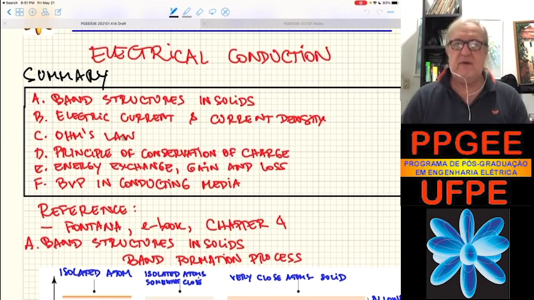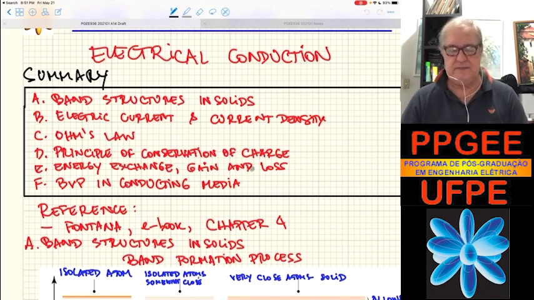We're going to talk about Ohm's law, experimental law, and the principle of conservation of charge. We are going to talk also about energy exchange, gain and loss, when you have free carriers interacting with an electric field.